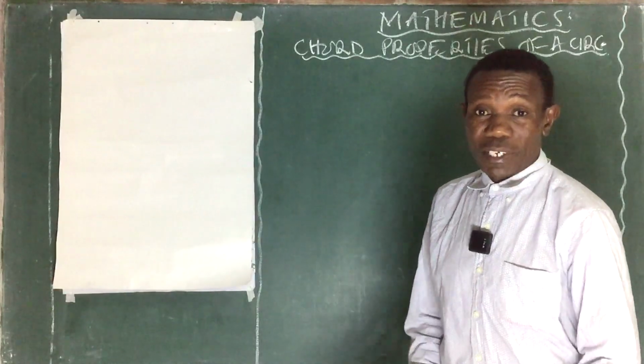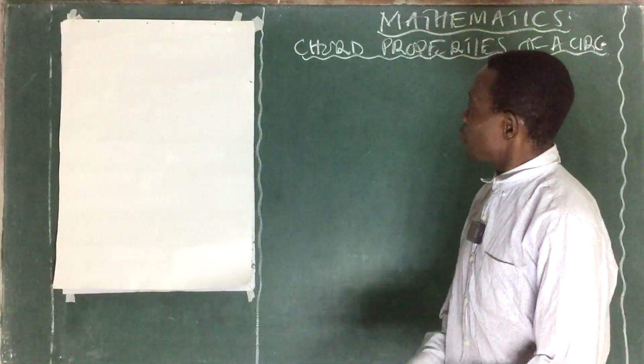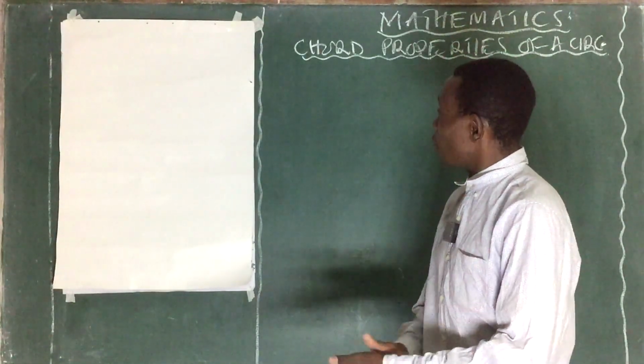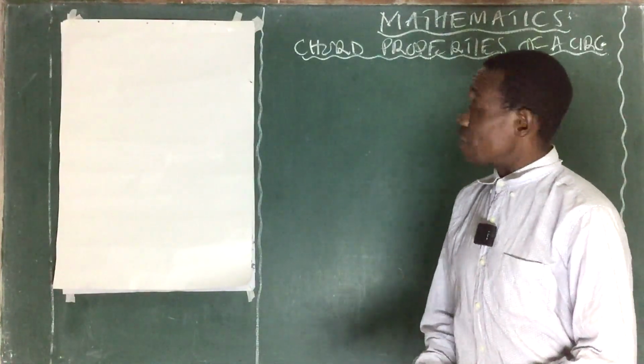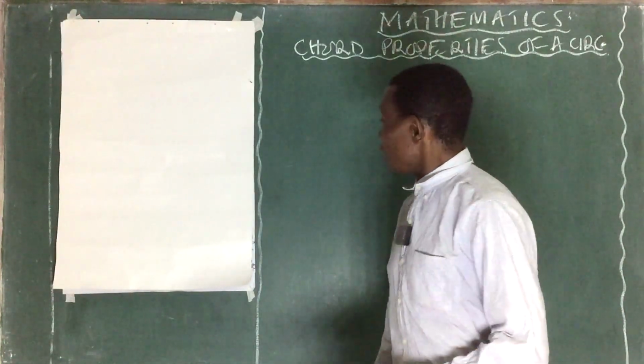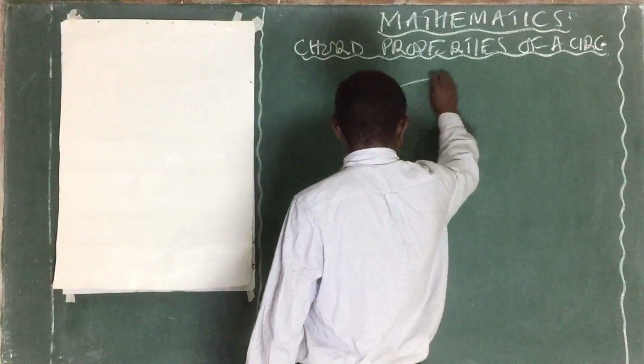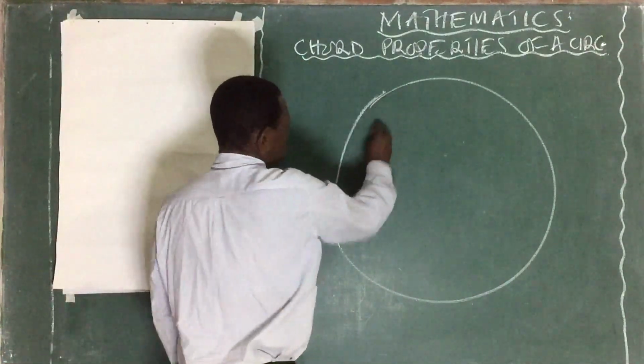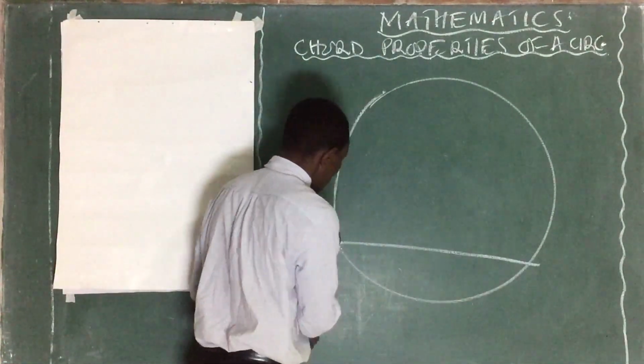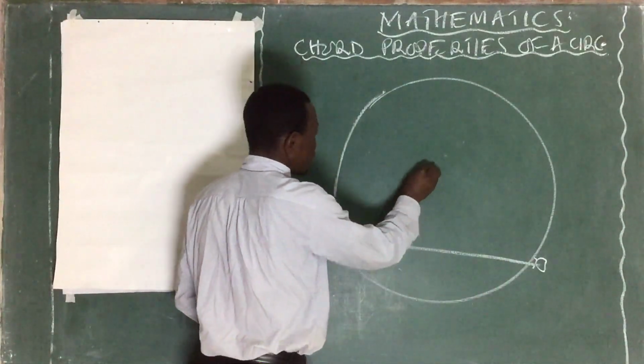Now, without wasting our time, we are going to look at another property of the chord, in addition to what we discussed, where we looked at a chord drawn, like say chord AB, in relation to the center.